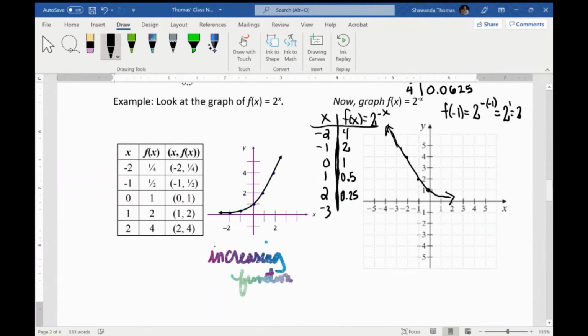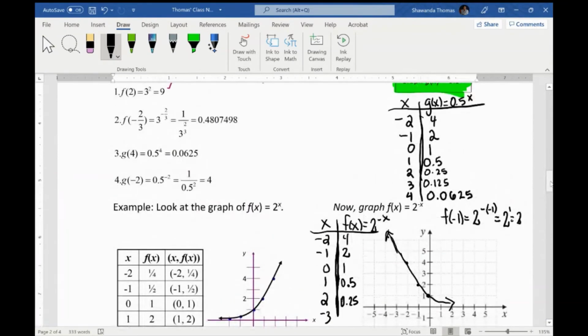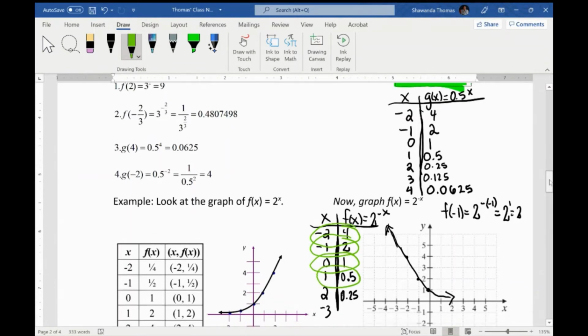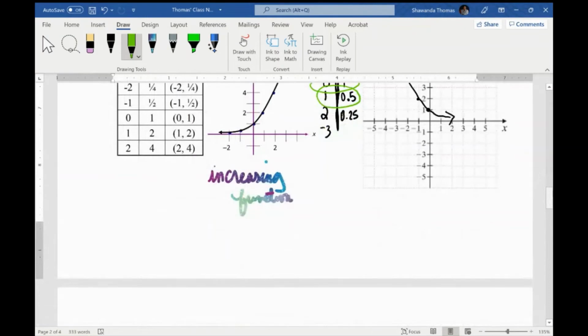Yes. Same numbers? Interesting. So -2, 4, all of these are the same. So that must mean that 0.5 to the x equals 2 to the -x.